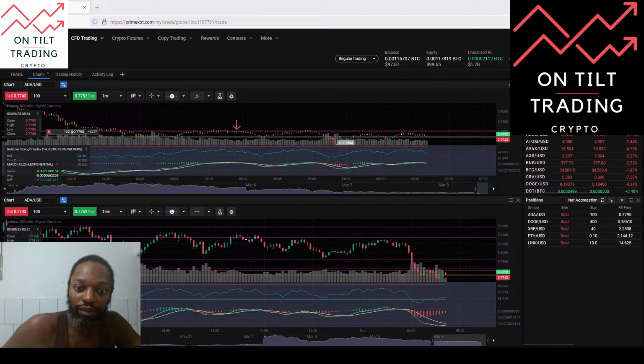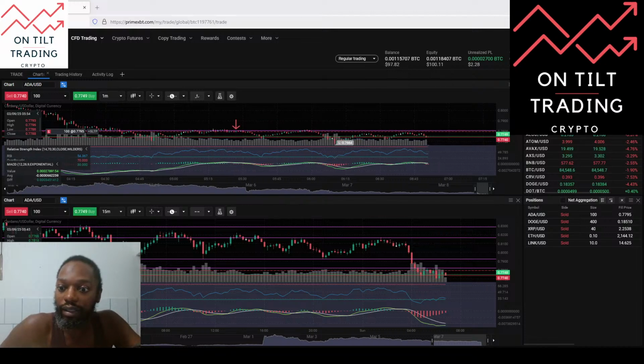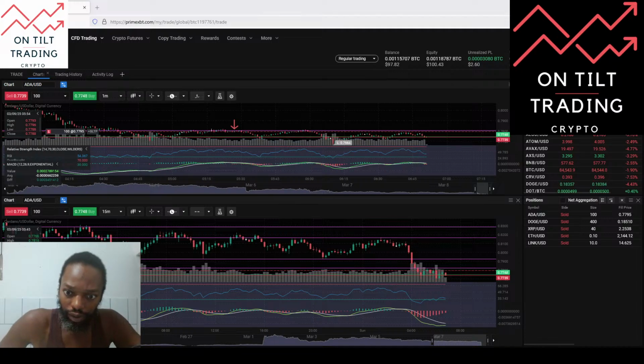So for the Camarilla pivots, this is R4, this is R3, this is S3, this is S4. This particular trade and all the trades that you're seeing here, they all set up as an S4 to S6 traverse.